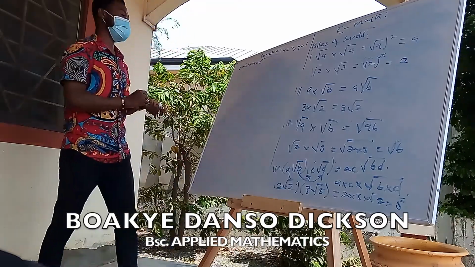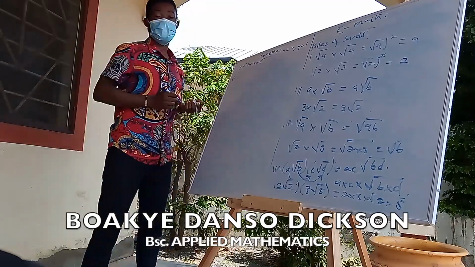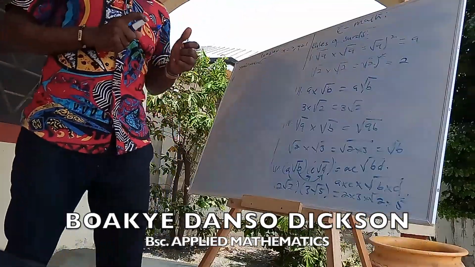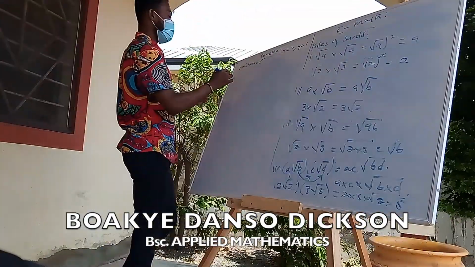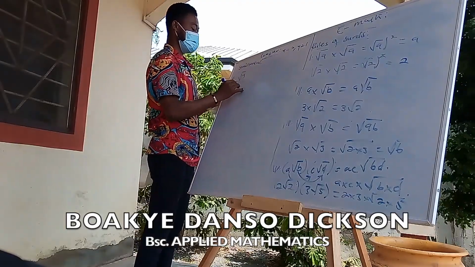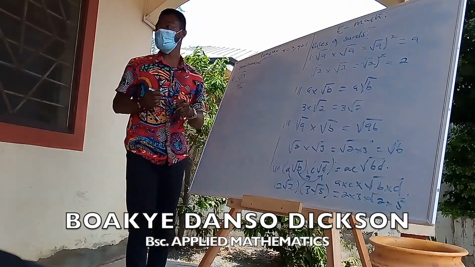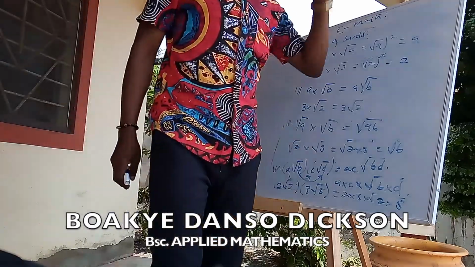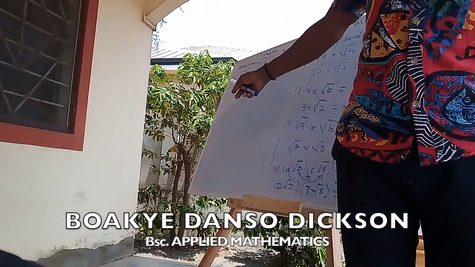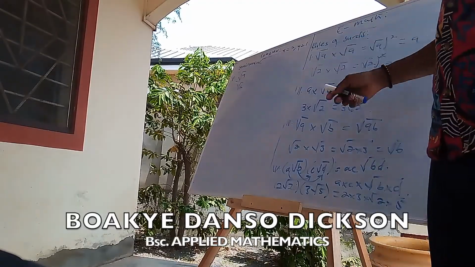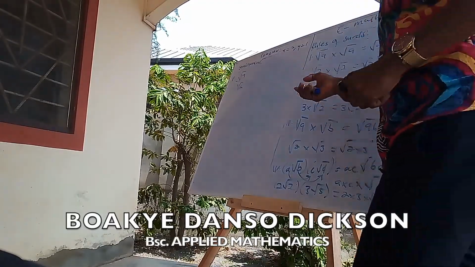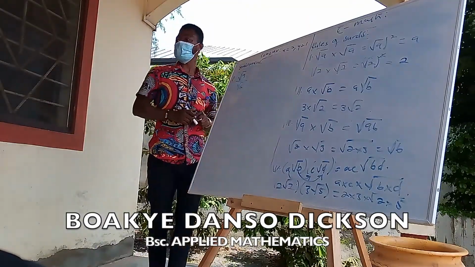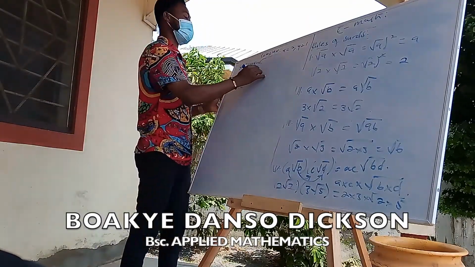Now rule 5. If you have a fraction of surds, this is what helps us get conjugates. But then you will get the fraction of surds. Now you know that these are all surds and they are divided, so you can just pick one surd.